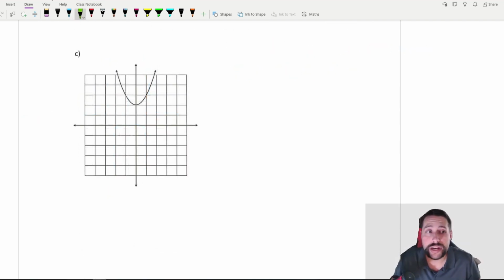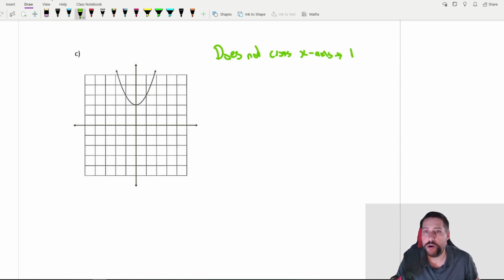Okay, moving on to the next example. So again, what we need to find first is our vertical asymptotes. Again, that's wherever the graph crosses the x-axis. In this particular case, the graph does not cross the x-axis, right?